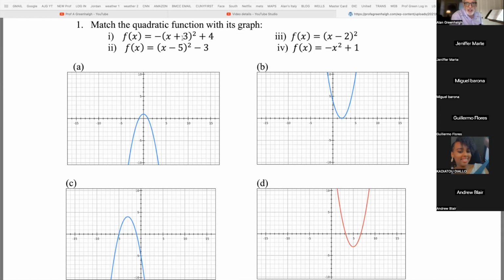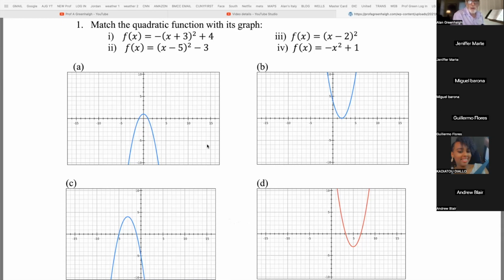So the vertex is (-3, 4). The vertex here is (5, -3). The vertex here is (2, 0), and the vertex for number 4 is (0, 1). So that's what they all look like, okay?